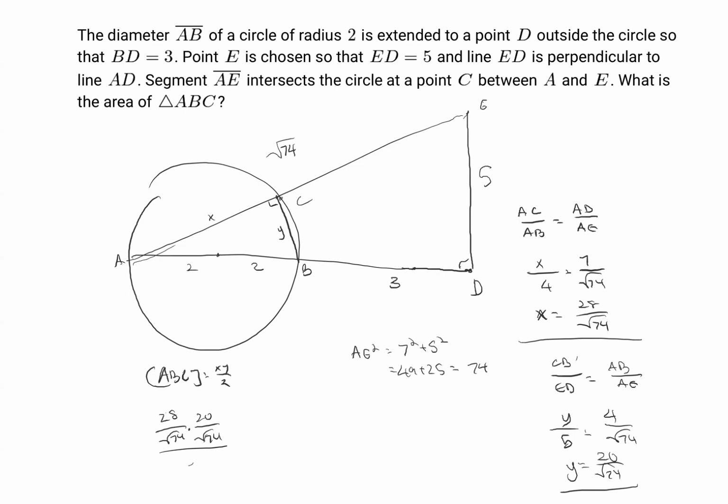That's 28 times 20 over 74 times 2, which equals 28 times 5 over 37, which equals 140 over 37.